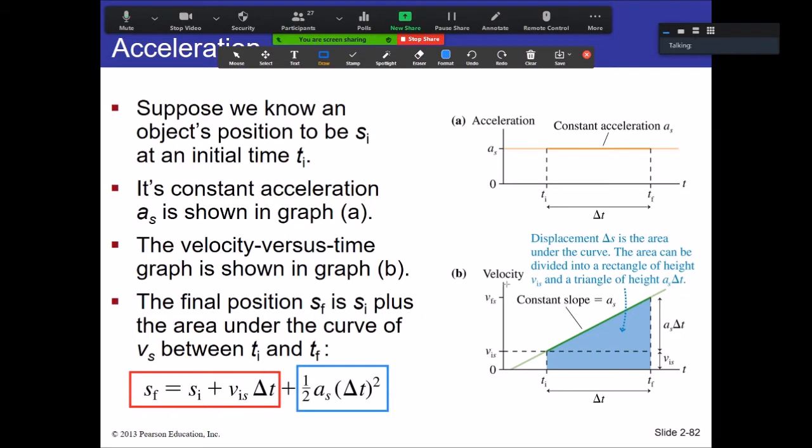But from the last equation, that's equal to a delta t. And so we can just simply calculate the area of a triangle, which is 1/2 times delta t times a delta t. So put that all together, you get 1/2 a delta t squared. And this represents an additional amount of displacement or position, you can say, as a result of acceleration. And so that's an additional part to this equation. Okay.